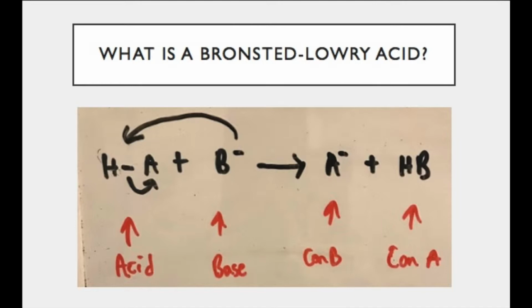A minus resembles the generic form of a base that we talked about previously, anything with a negative charge. Therefore, we call it the conjugate base because it came from the acid. And then the B minus becomes HB. Remember, we said that an acid is a proton donor, which means there has to be an H available to be donated. So HB becomes the conjugate acid from the base B minus. So that's the way that you should interpret acid-base reactions via the Bronsted-Lowry definition.